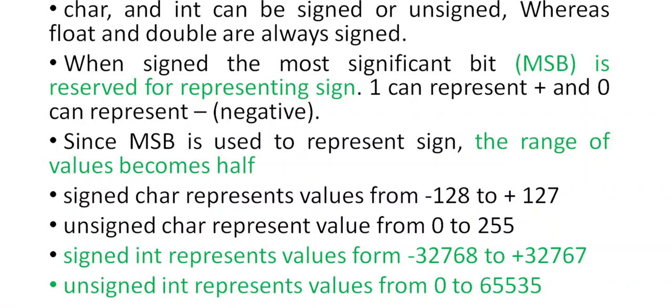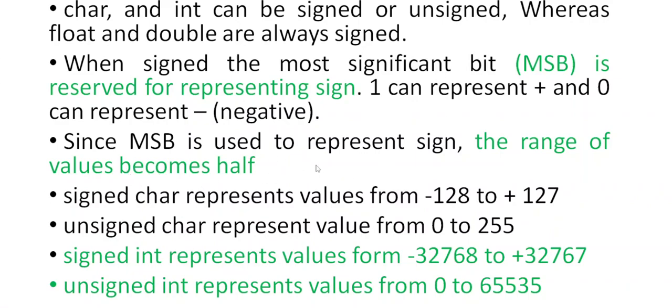You don't have anything like neutral. That bit can be used as you like, it depends on the compiler. Generally 1 is used to represent plus and 0 to represent minus. That 1 bit, maybe the MSB, the most significant bit of a binary number, represents the sign value.